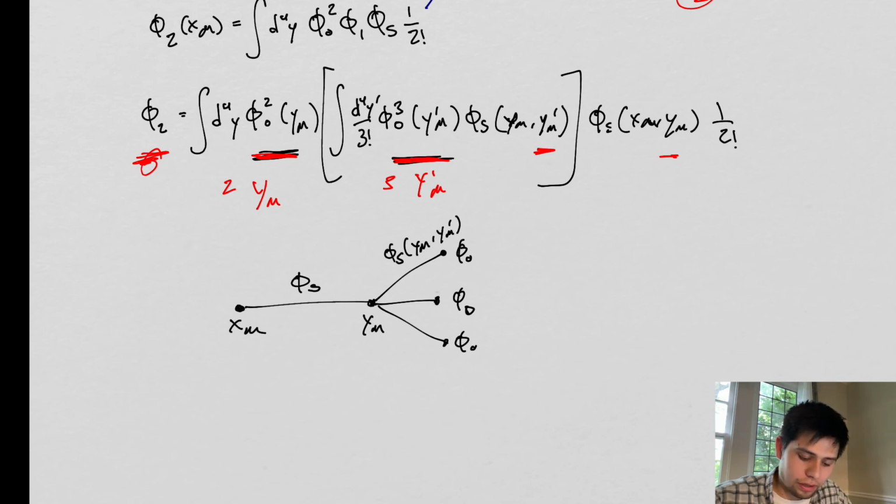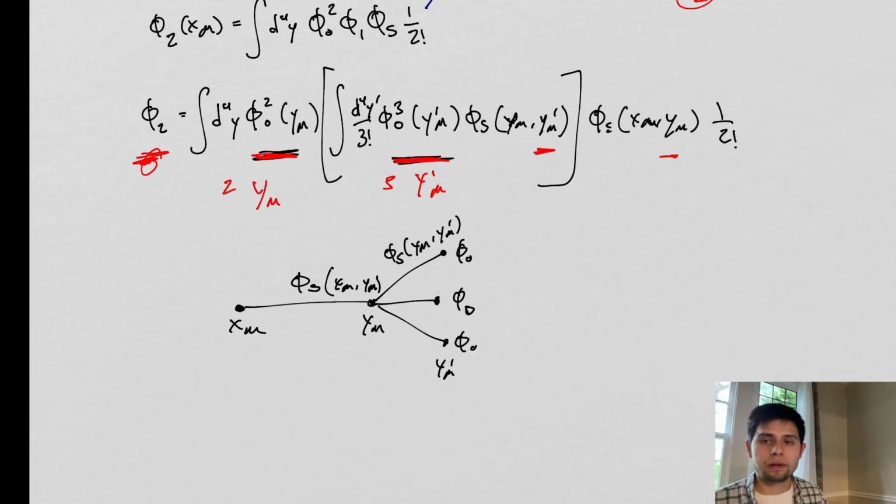So these are at y mu primes, and this is at x mu y mu. All right, so we have these interaction terms. These are what's called self-interaction terms, because we have these powers occurring.